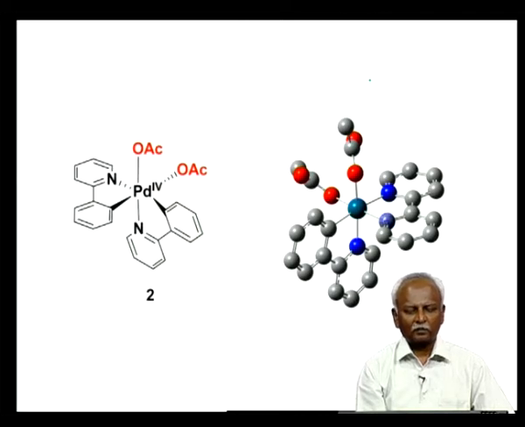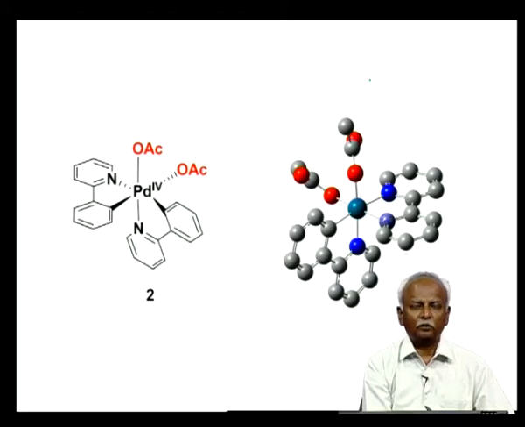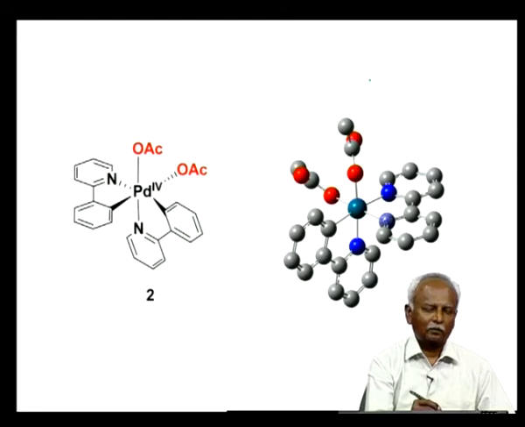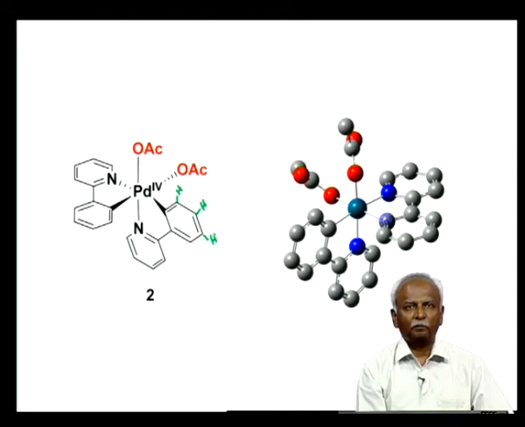Here is the crystal structure of the palladium(IV) complex, and it is interesting that this type of coordination geometry leads to 16 different CH signals. Each one of these hydrogens is unique and gives you a different signal in the NMR spectrum, because the environment around them is different.